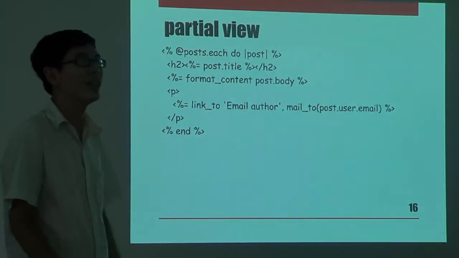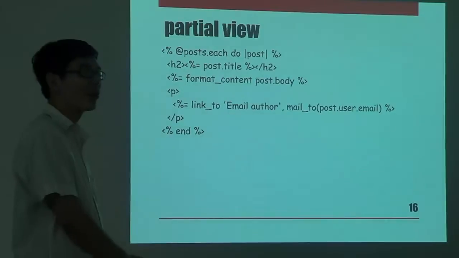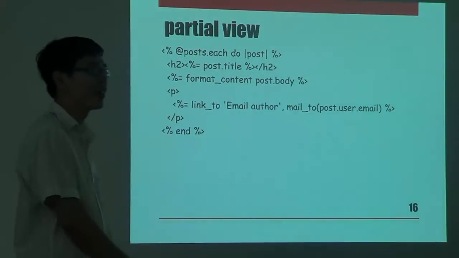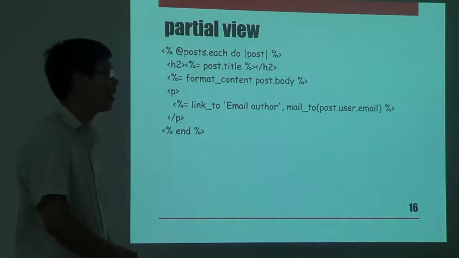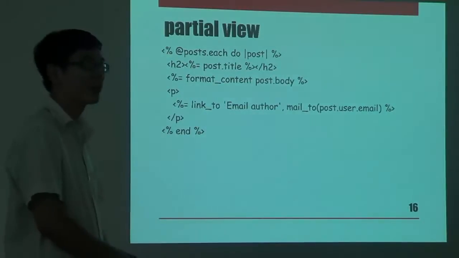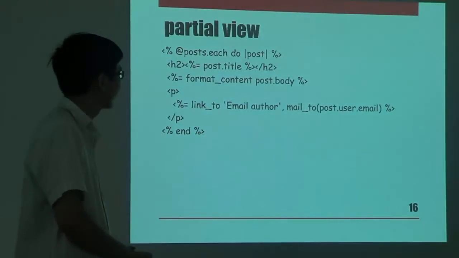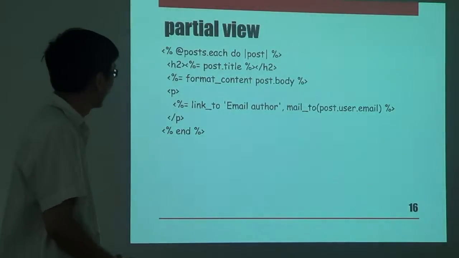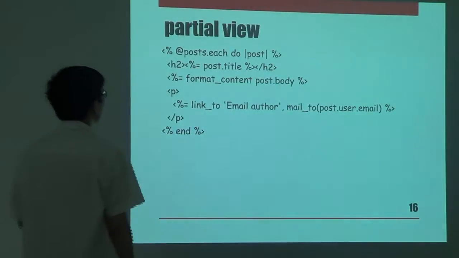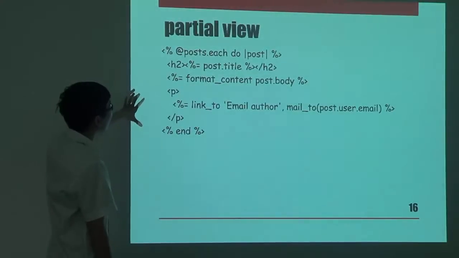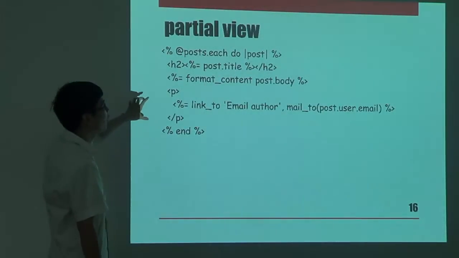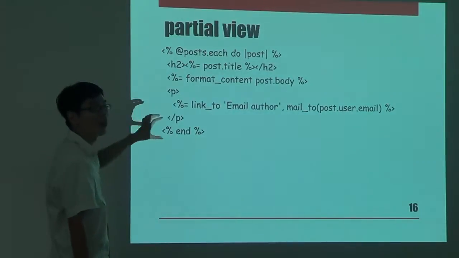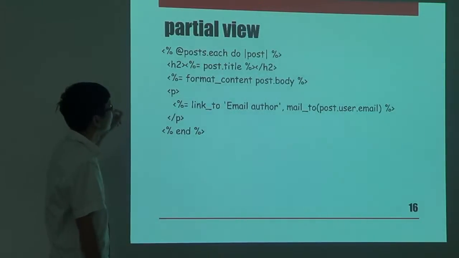Another tip when programming in Rails, especially in the view, is that Rails provides us things like render and partial views. For example, we have some code here. This is the posts view, which will display the posts to the user.